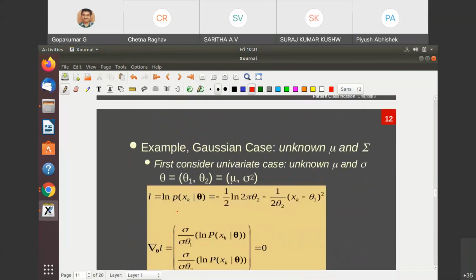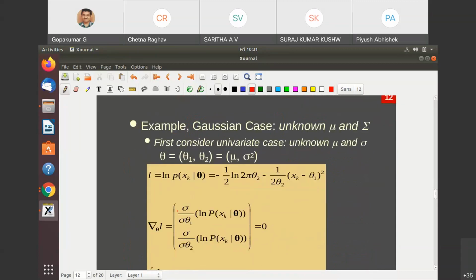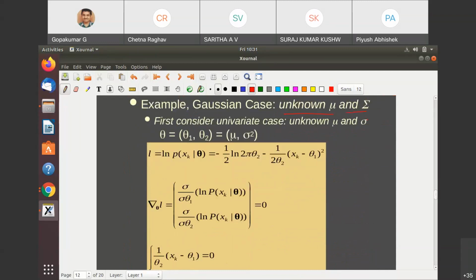And suppose in the second case we have an unknown mu and covariance matrix, an arbitrary case. We can split this into two: a univariate case and a multivariate case. Assume the univariate case, with unknown mu and unknown variance.